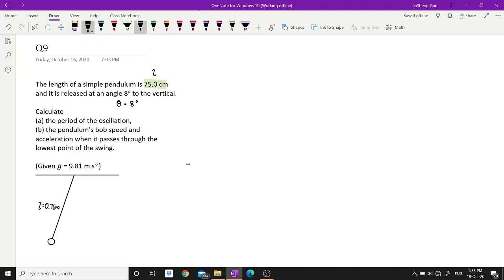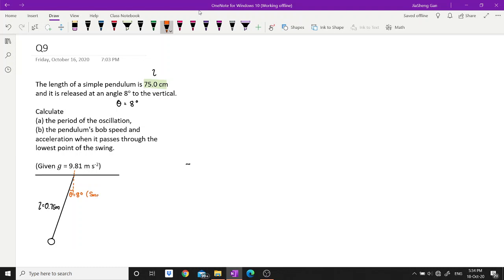Then you also know from the description that the angle at which they release is 8 degrees. Why do they need to tell us that it's 8 degrees? The significance is only one thing.